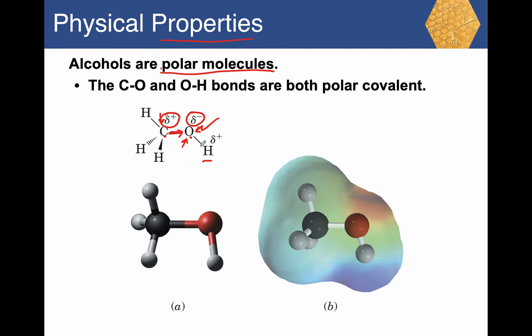So these 2 electrons here in this covalent bond are closer to the oxygen than to the hydrogen. So therefore this is again delta negative and this hydrogen is delta positive. Whenever you have polar covalent bonds in a molecule, that molecule is described as a polar molecule, especially if the geometry is like this. So, conclusion, alcohols are polar molecules.